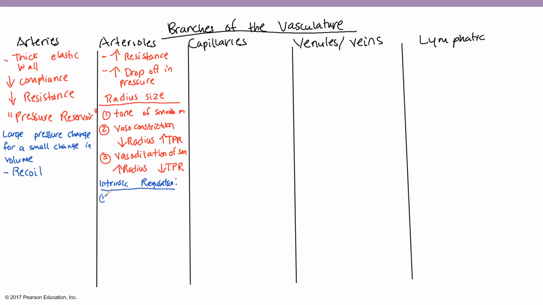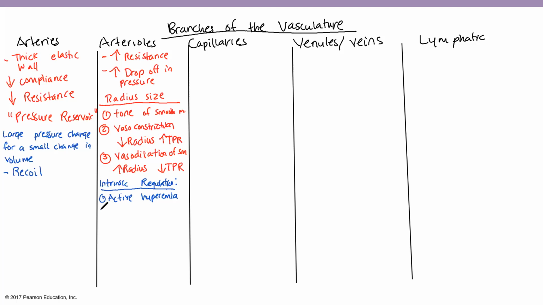We had active hyperemia, and I don't have space to explain this here, but active hyperemia, if you remember, was basically increased metabolic demand in tissues, or decrease. It can happen in either direction, and then we would increase or decrease flow depending on that metabolic demand. If we had increased metabolic demand, we would see a buildup of CO2 and other metabolites and a decrease in oxygen. That would be an indicator to adjust our radius size, to vasodilate, bringing in more blood. And if we had the opposite, we'd see vasoconstriction.